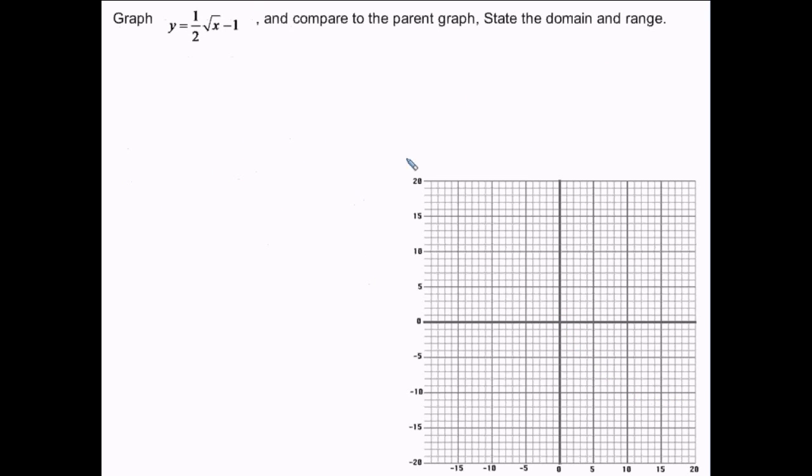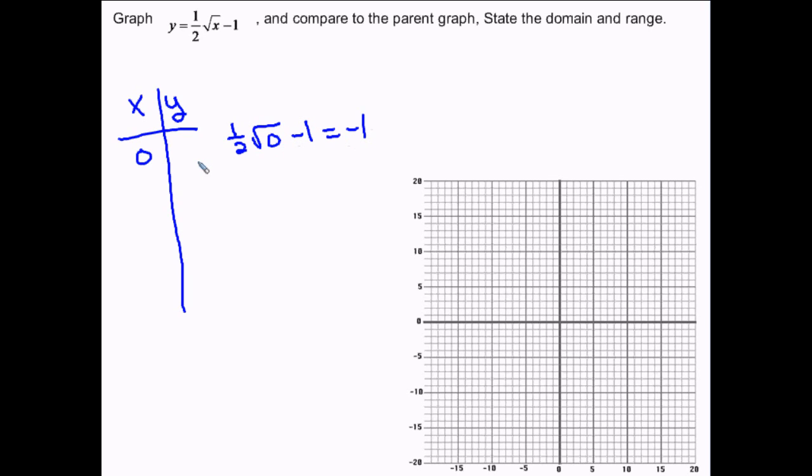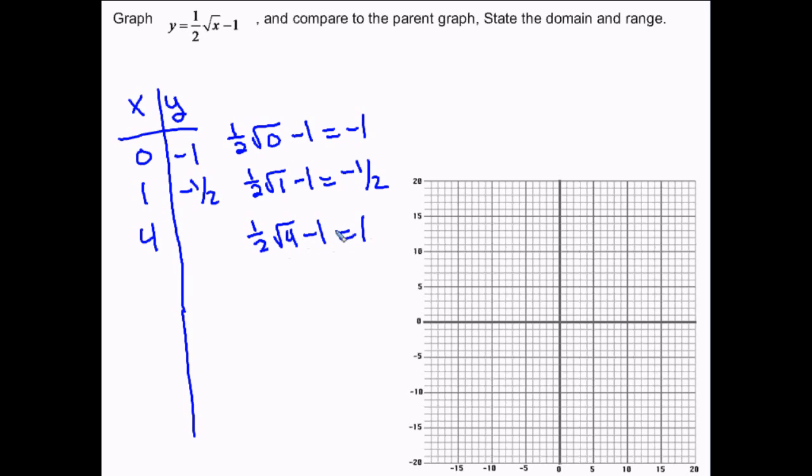Now, the one with 1/2, we talked about that a little bit. So I can still plug in 0, and I get negative 1. If I plug in 1, I get negative 1/2, which is okay, but not very fun to graph. If I plug in 4, I get 0. If I plug in 9, I get half of 3 minus 1, so that's 1.5 minus 1, so that's 1/2.